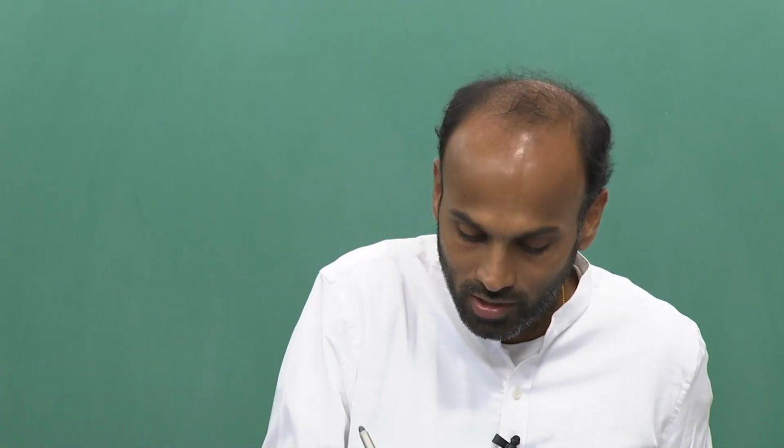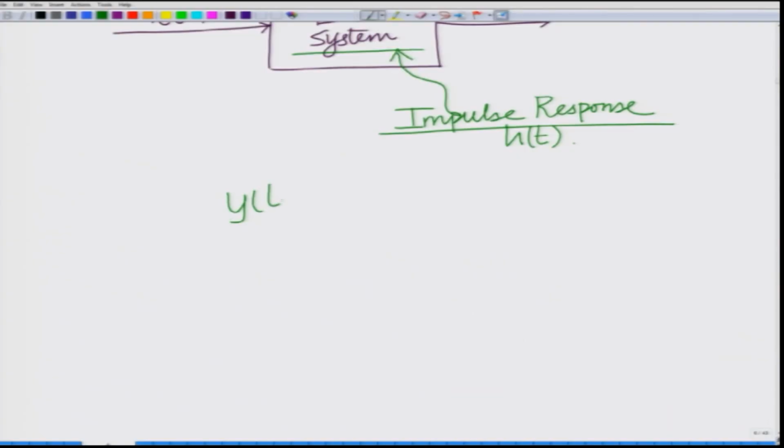And the output corresponding to any input signal x(t) can be described in terms of the input x(t) and the impulse response h(t) of the LTI system as follows: y(t), the output corresponding to any signal x(t), is x(t) convolved with h(t), where x(t) is your input signal.